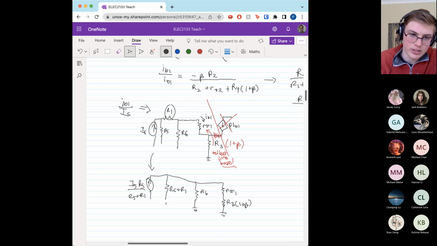Essentially, we've just got resistances and a few currents, and we want to find IB1.